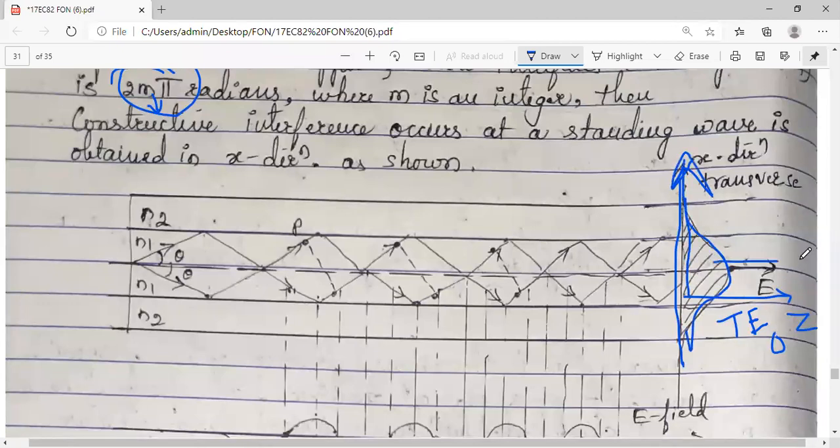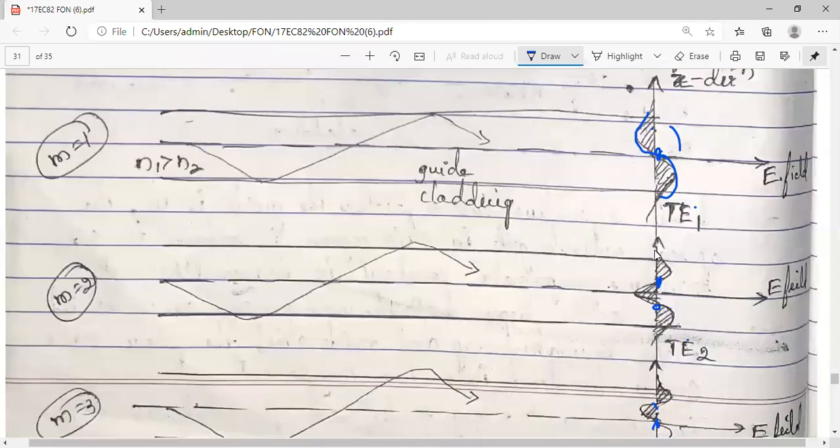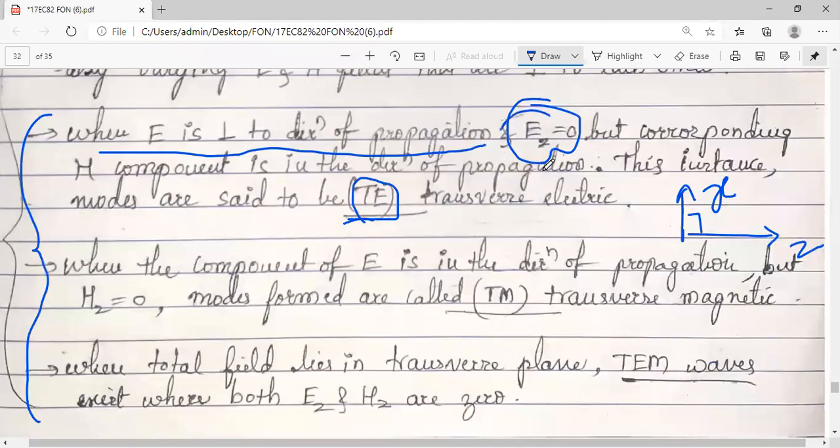However, along the z direction, we are not getting anything like this. We are getting it only in the x direction. So along the wave propagation direction, that is the z direction, we won't be getting any field. So the Ez value is 0. However, this is about the electric field. The corresponding H component, I'm talking about the magnetic field because we are talking in terms of electromagnetic waves.